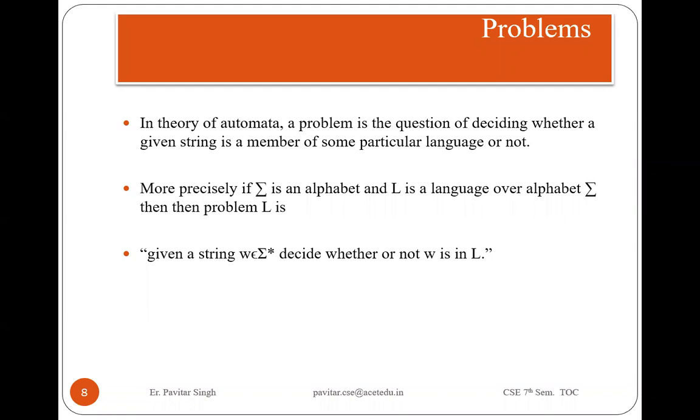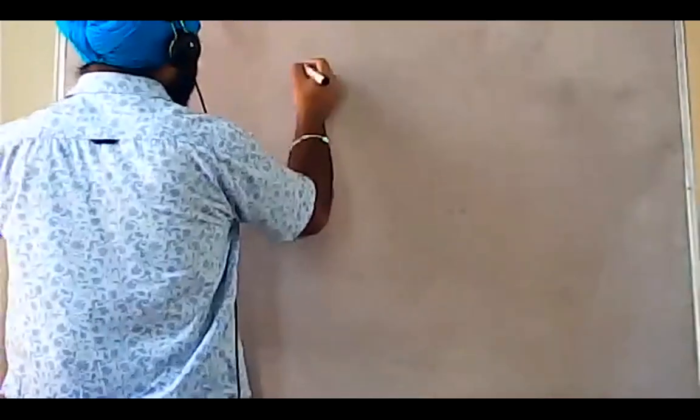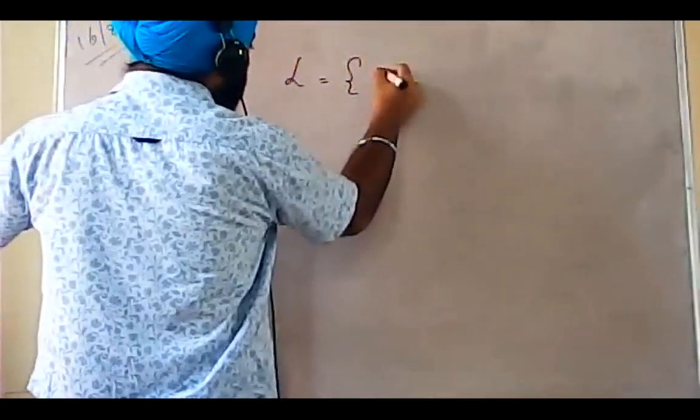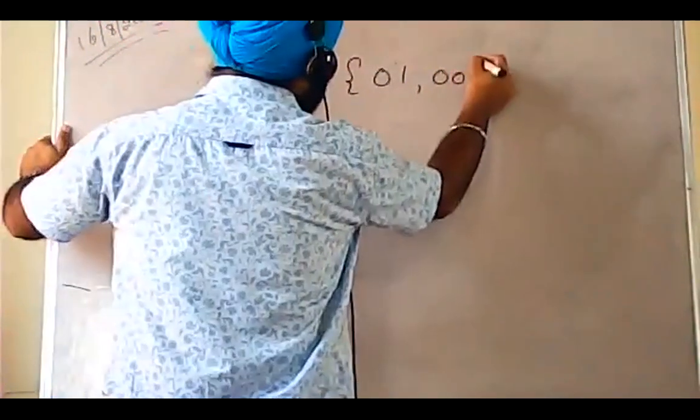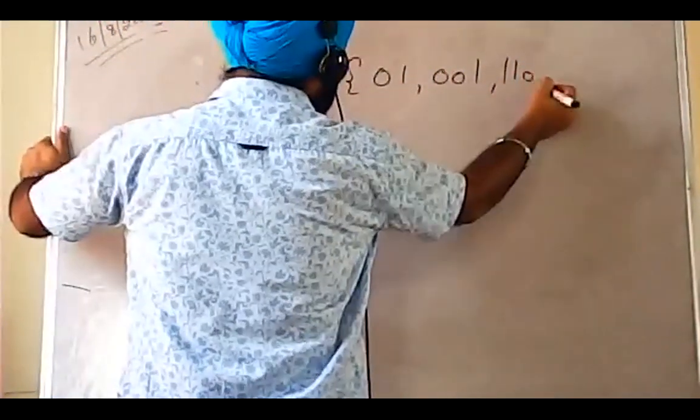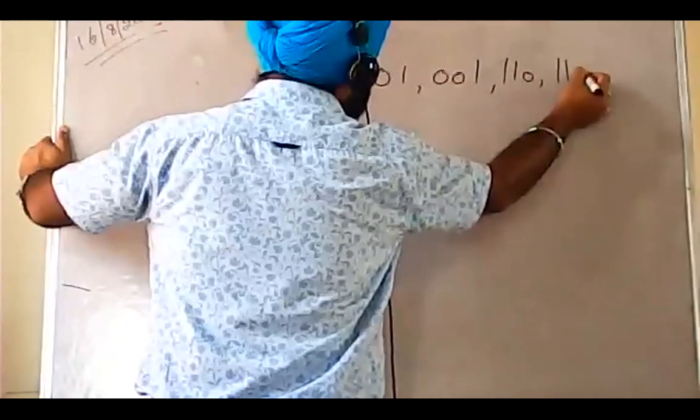For example, we have L is equal to 0, 1, 0, 0, 1, 1, 1, 0 and 1, 1, 0, 1.